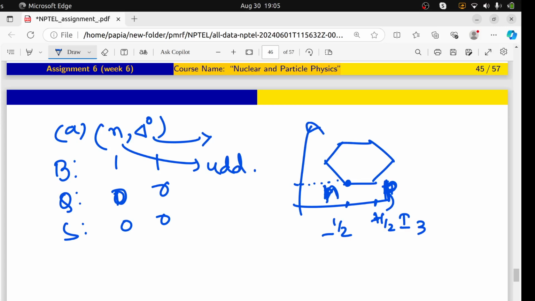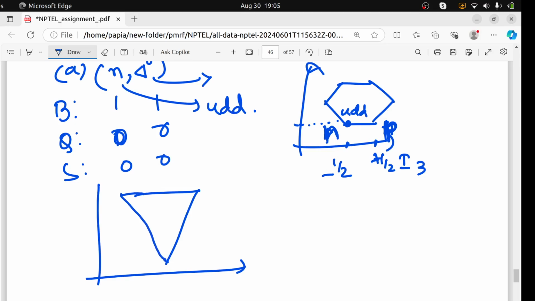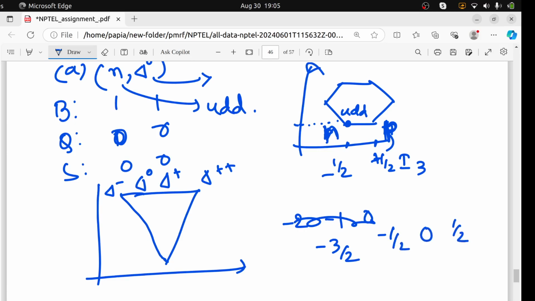So I3 is minus half here for N, and it is UDD, right? Similarly for delta, there are 4 members in that group: delta minus, delta 0, delta plus, delta plus plus. So the I3 values are minus 3 by 2, minus half, half, 3 by 2. So this is also minus half.